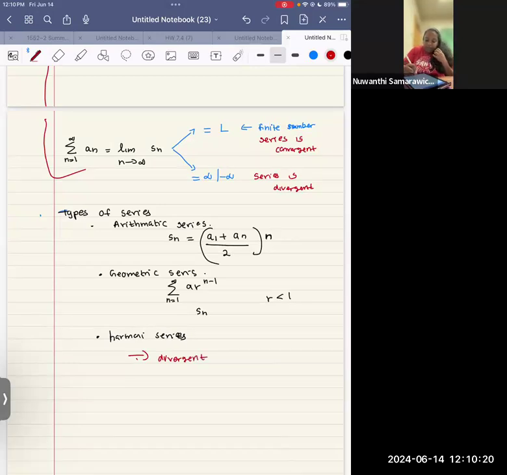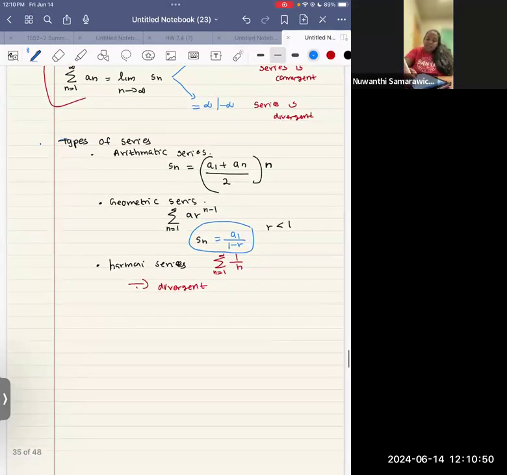If you have the harmonic series, 1 over n, this is always divergent. Okay, let's see. Thank you. So the sum of the geometric series is a1 over 1 minus r.